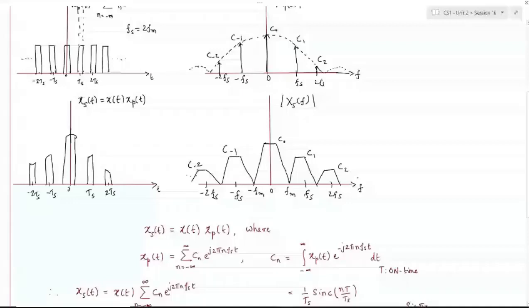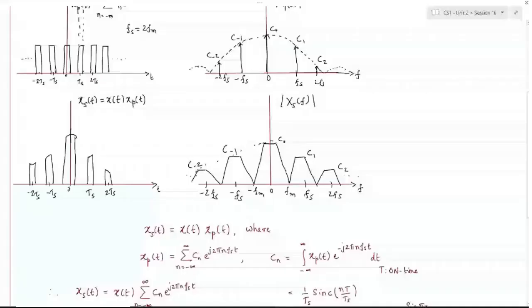Again, if I try to virtually connect these amplitudes, it should look like the major lobe of your sinc function. I'm sorry for not drawing to the scale of natural sampling.